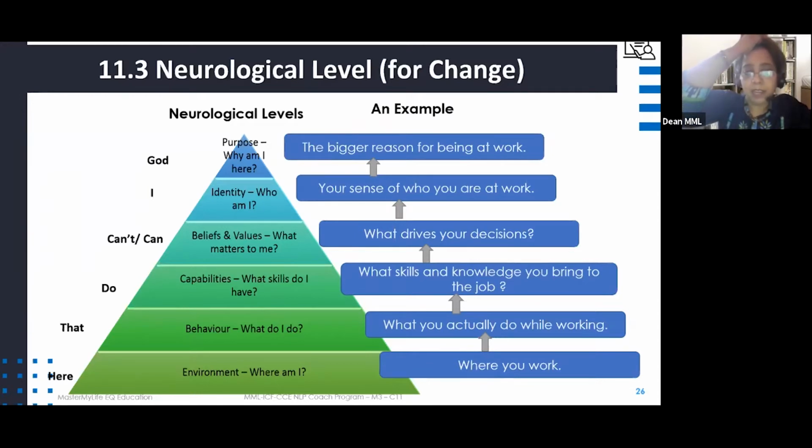Now, one of the elements to ask around is, what in the environment is making things stressful for you, right? You are picking up current data. You'll ask, of course, where do you work? What kind of environment is there? How many people work there?